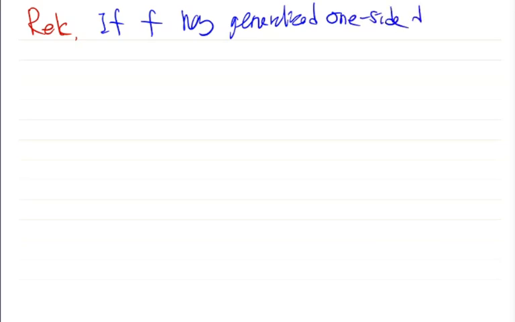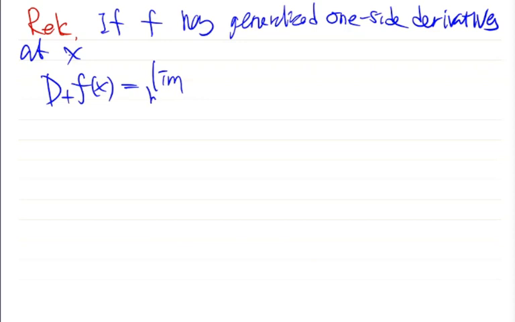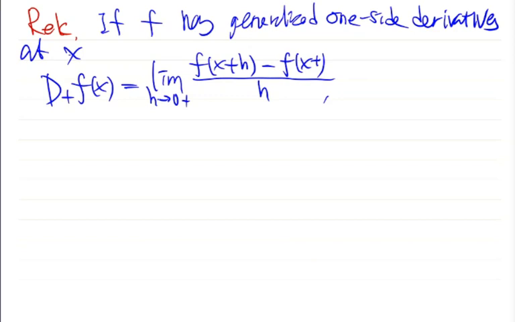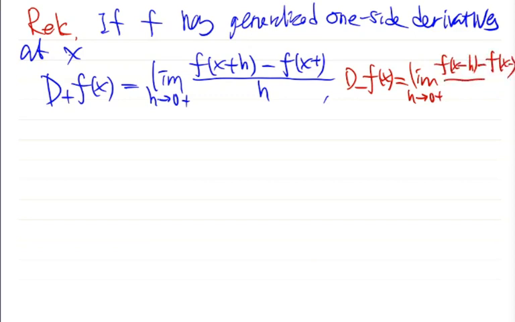Another remark. If f has generalized one-sided limit, one-sided derivative at x, that is, we denote by D plus f(x), which is the limit as h goes to 0 of (f(x plus h) minus f(x plus)) over h, and D minus f(x) is the limit of (f(x minus h) minus f(x minus)) over minus h, the left limit.